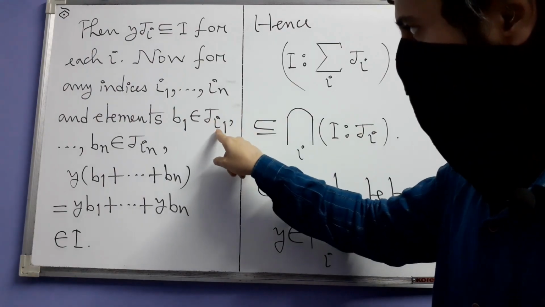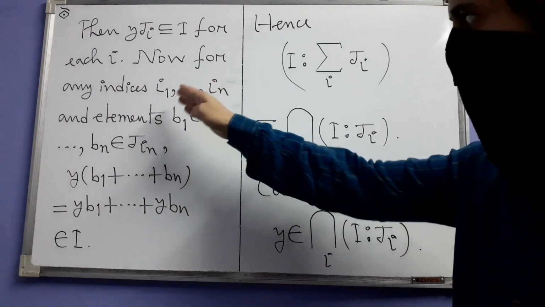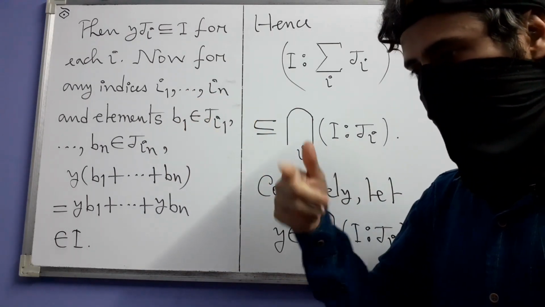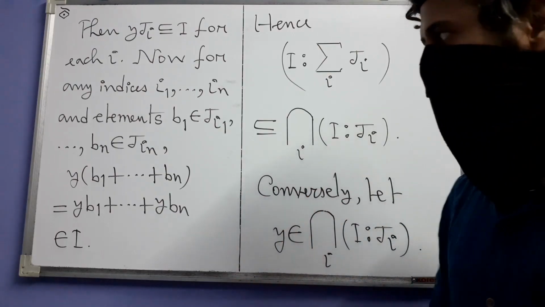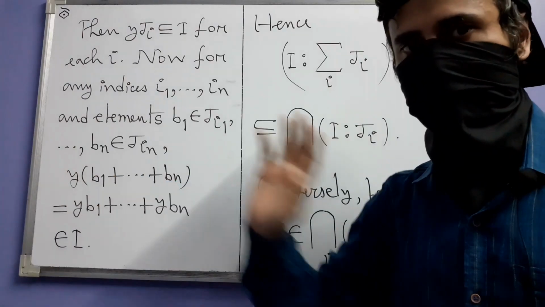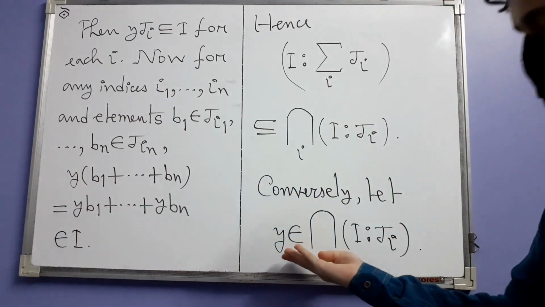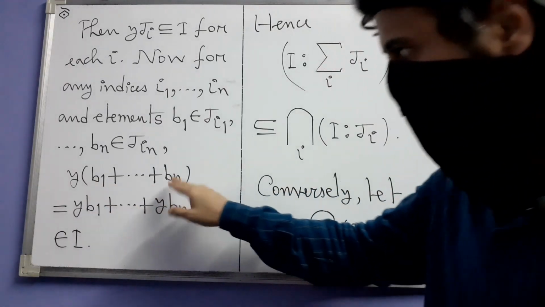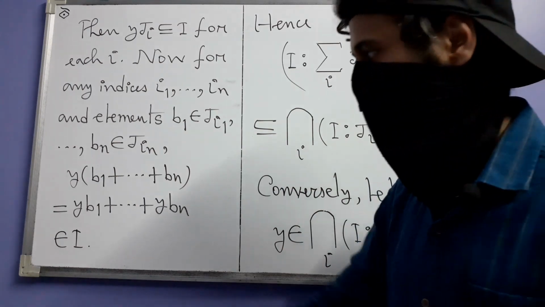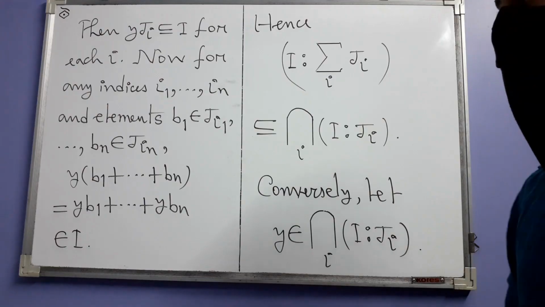And we are actually going to consider those J's, J_i1, J_i2 up to J_in, and from each one of them we are choosing one element arbitrarily, b1 from J_i1, b2 from J_i2, like that, bn from J_in, and then we consider y times the sum of these b's. By the extended left distributive law, this equals yb1 plus yb2 up to ybn.